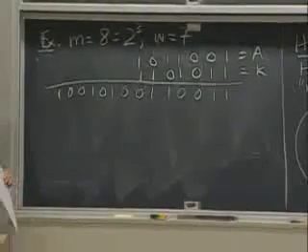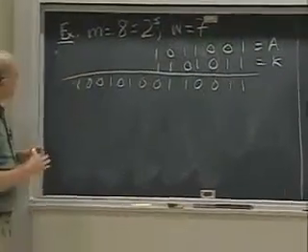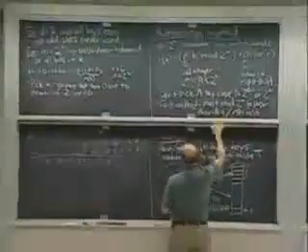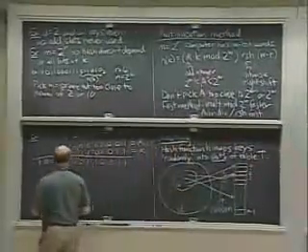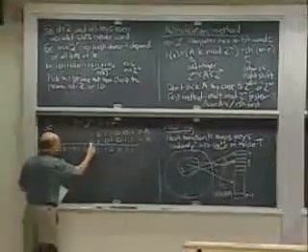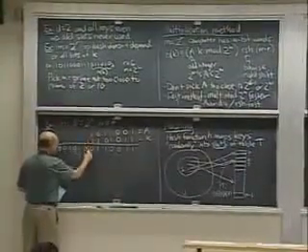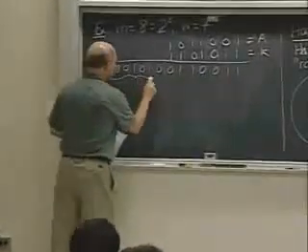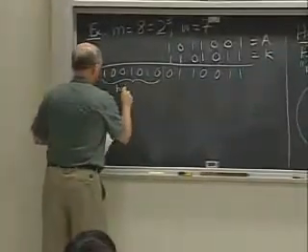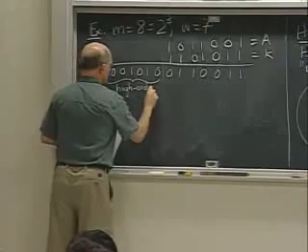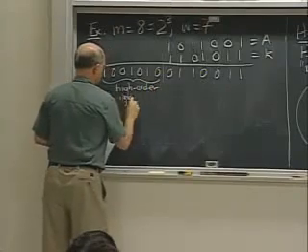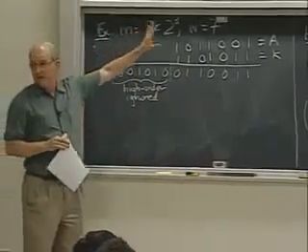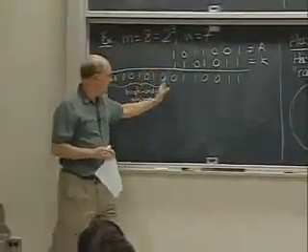So that's the product part. And then we take it mod 2 to the w. What mod 2 to the w says is that I'm just ignoring the high order bits of this product. So all of these are ignored, because remember that if I take something mod a power of 2, that's just the low order bits.